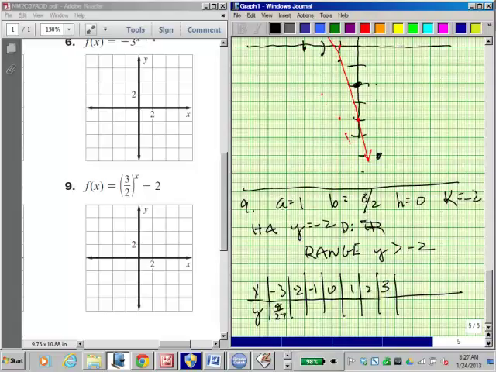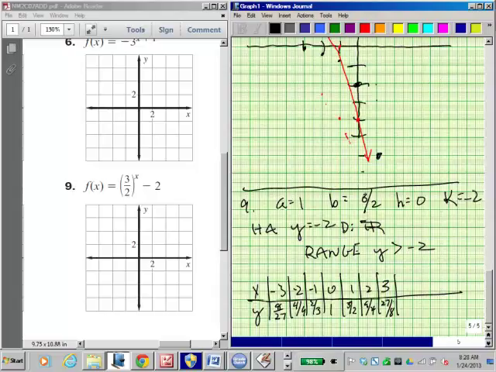To the -2, 4 over 9. To the -1, 2/3. To the 0, 1. To the first, 3/2. Second, 9/4. Third, 27 over 8.